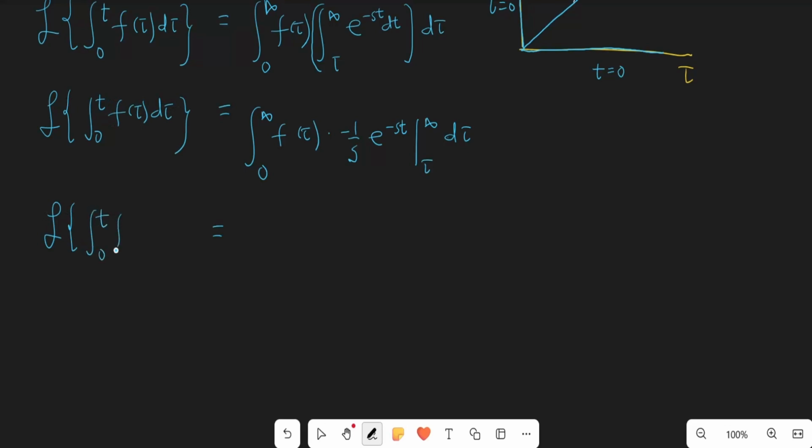the integral from 0 to t of f of tau d tau, and this one is equal to the integral from 0 to infinity of f of tau.